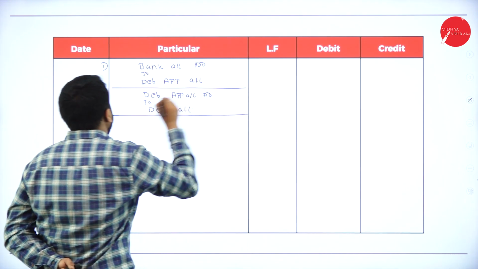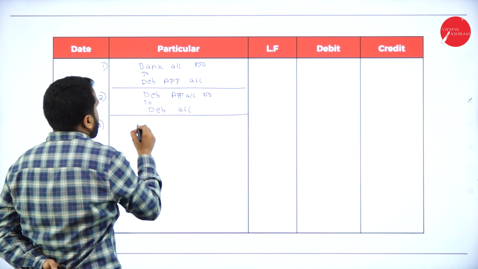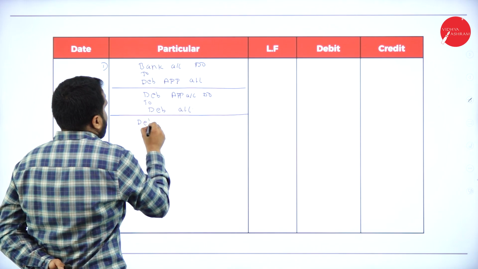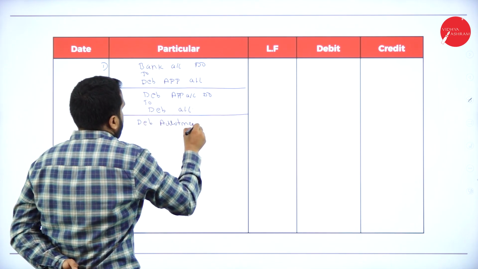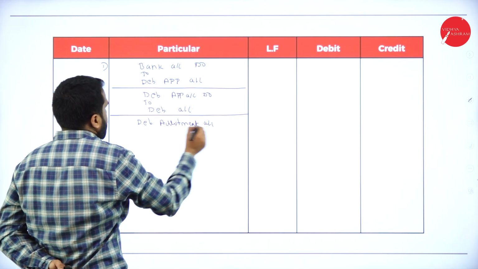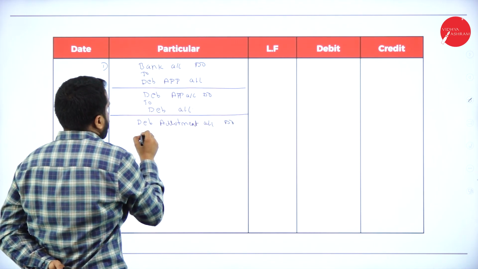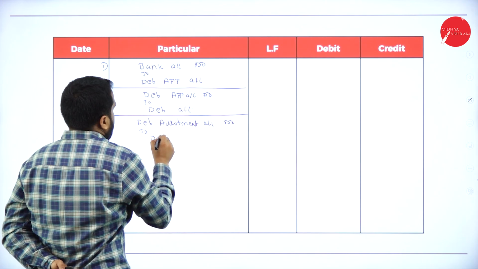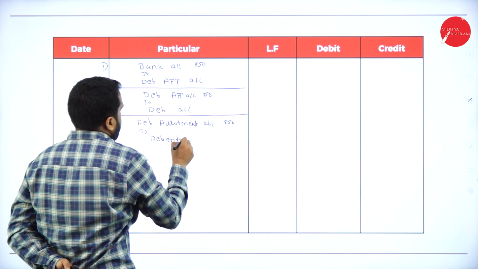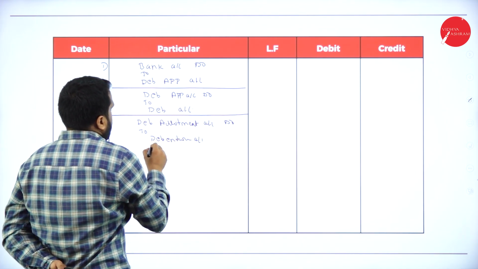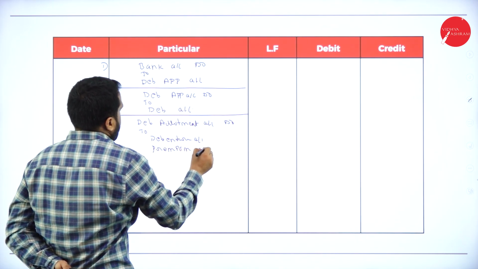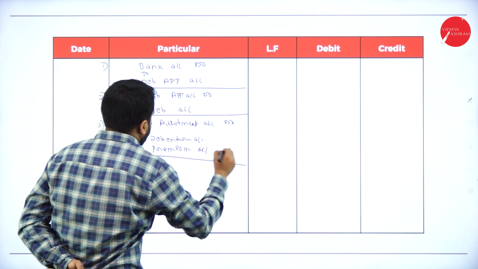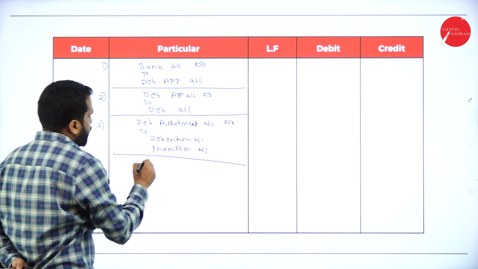And the third one, debenture allotment account debit to debenture account, premium on debenture account. Third one is done.